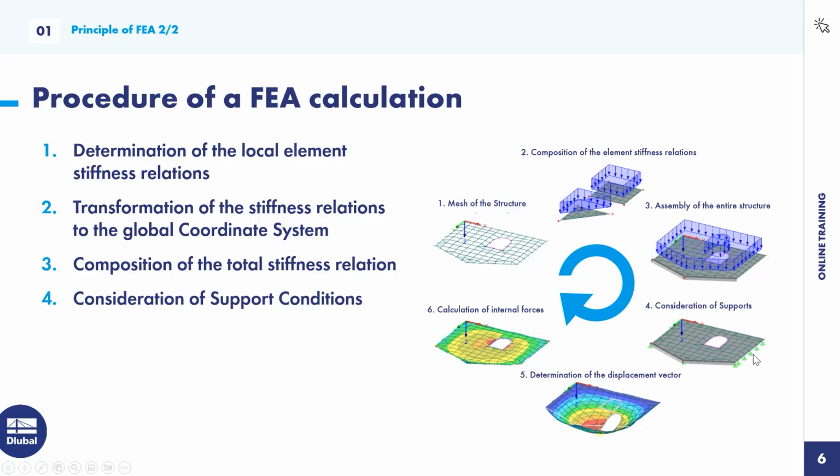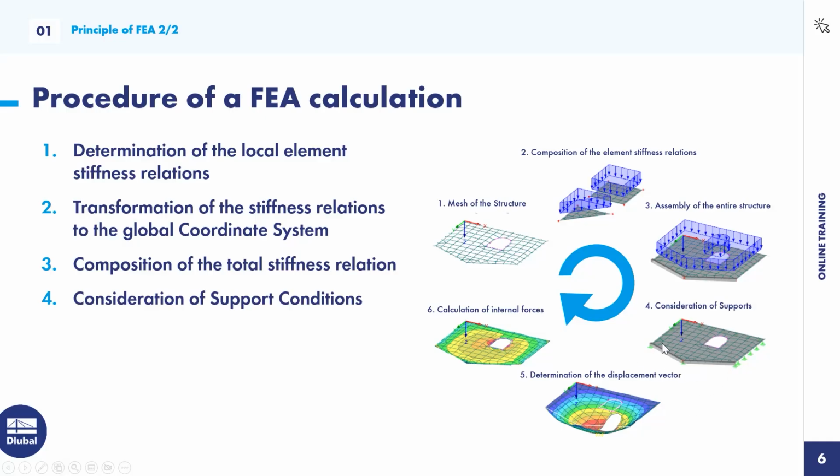And this line support is fixed in Z direction, which means the line can't move in Z direction. And that means each entry within this displacement vector, which includes the location of this line hinge, must be 0.